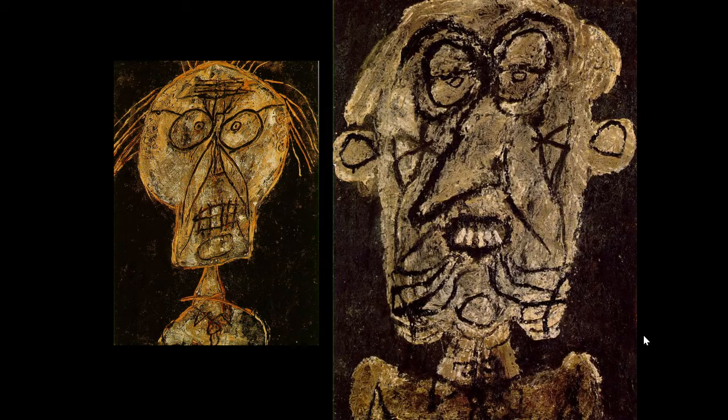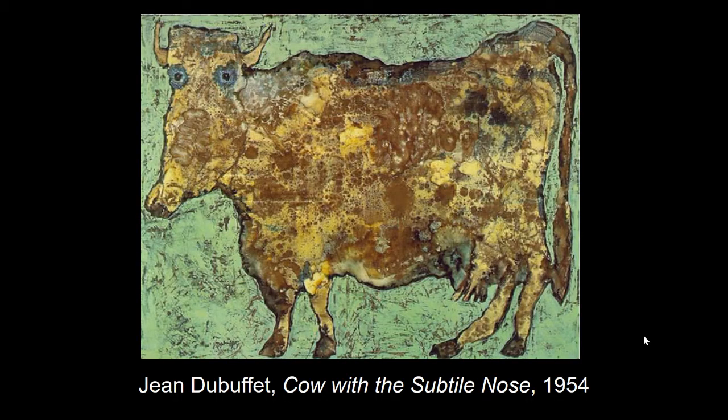And that brutish kind of nature that really is difficult to look at, but in a way very, very honest and real, considering the times that people were in. So you get these fanciful, childlike drawings like this cow with the subtile nose. There's always wordplay as kind of a nod to Dada. So these guys are going to really be willing to play with their art and process.